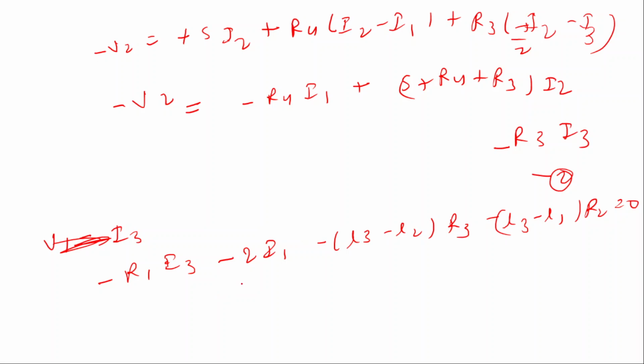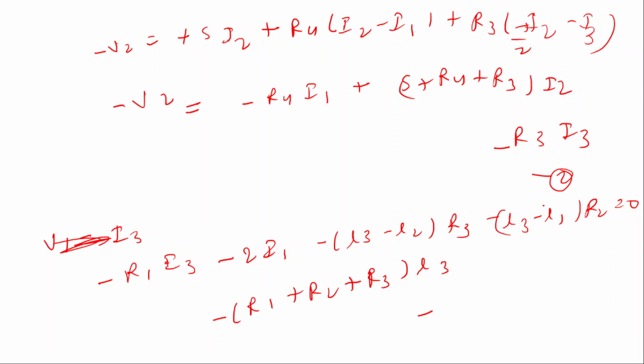Now let's rearrange the terms. So the I3 terms: minus (R1 plus R2 plus R3) times I3.